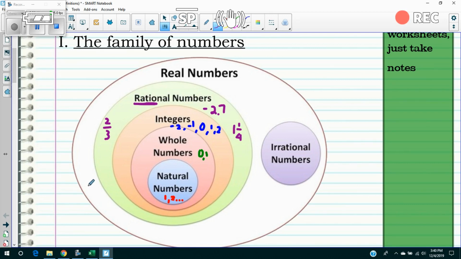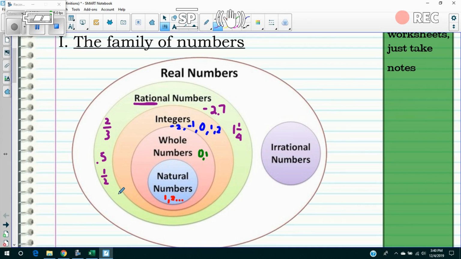For example, if I were to ask you, can you write 0.5 as a fraction, what would you say? You'd say 5/10, which is 1/2, as you can recall from the decimals unit. That's how you do that.